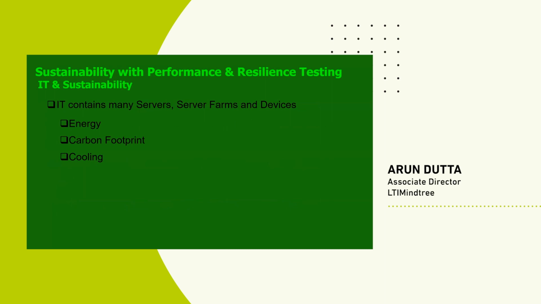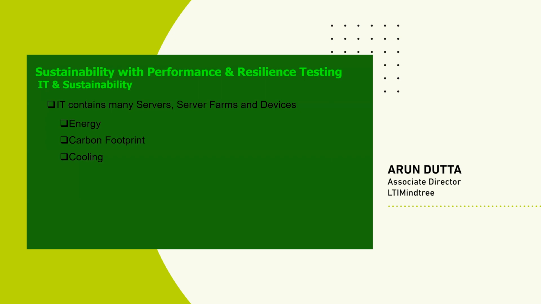Now let's talk about IT and sustainability, right? IT contains many servers, server farms, devices, a lot of machines, and we are in the age of IoT, the Internet of Things, which has massively added devices, right?